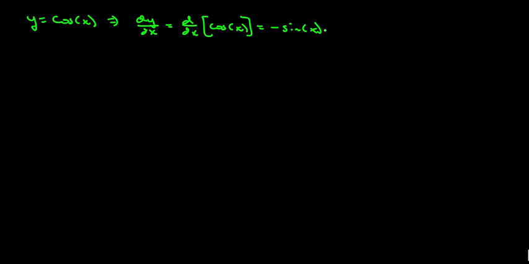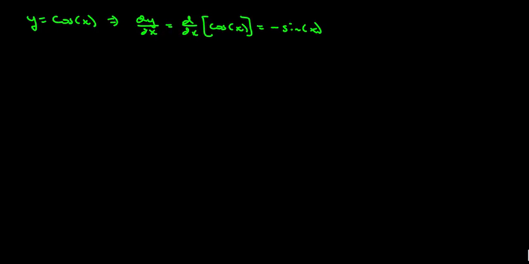So now we need to check the following. Let's say y was equal to cosine x. We want to show that dy dx, which is the derivative with respect to x of cosine x, is equal to negative sine x.